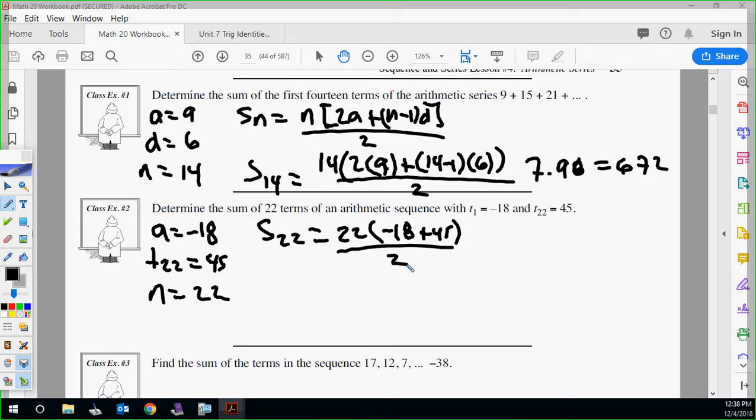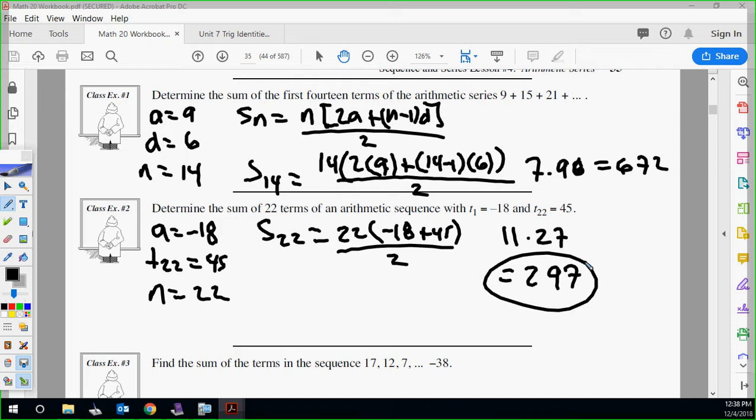So negative 18 plus 45 is 27, times 22 over 2, or 11. That's the sum of all the numbers of 22 terms.